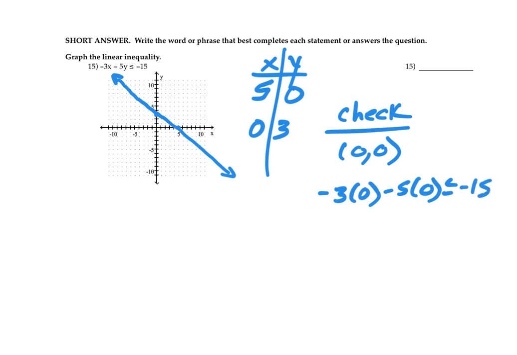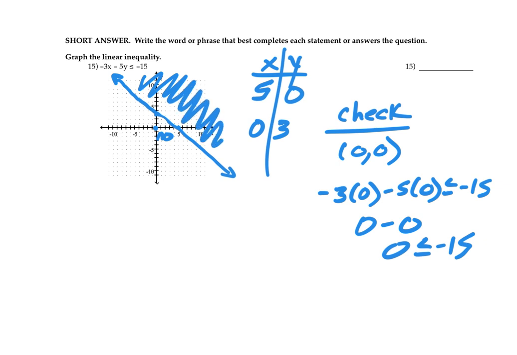I like (0, 0) because it's a piece of cake. 0 minus 0 is still 0. 0 is less than or equal to -15. Is that a true statement? Is 0 less than -15? No. Okay, so (0, 0) right here is a no. That is not the side we want to shade, so we want to shade the other side, okay? And that's how we kind of decide where to shade.